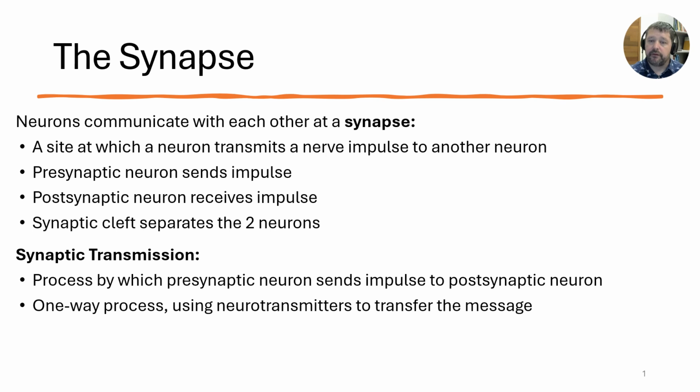Okay? And this is going to be similar to what we were talking about when we were talking about how muscles work, where you have an action potential move down the axon. And that opens up calcium gates. Calcium flows in.